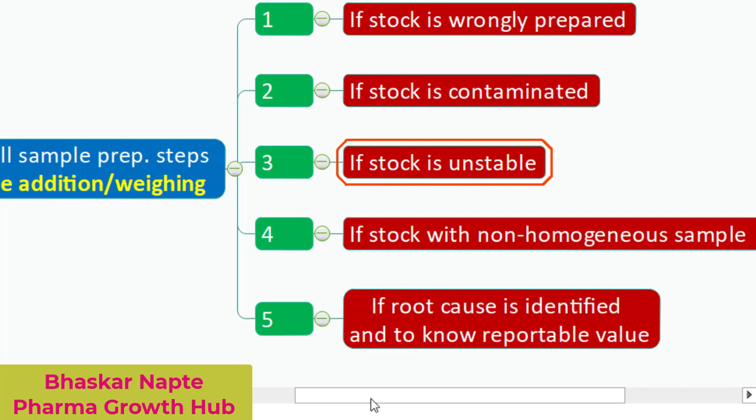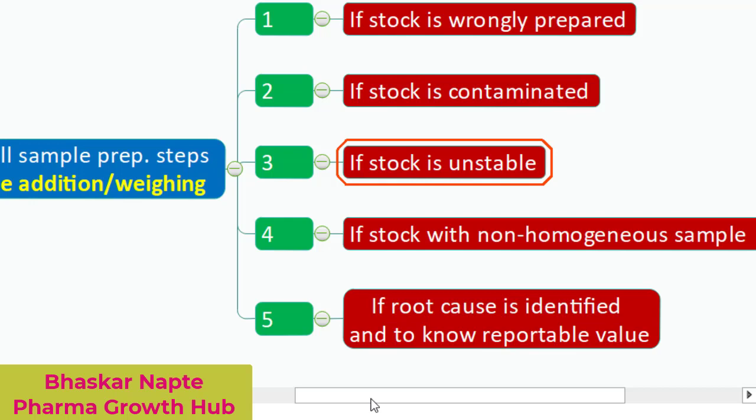Now this is done after concluding the root cause, after understanding where the analyst made the mistake, and after that you are going to take utmost precaution to make sure that the same error will never reoccur one more time. You already identified the root cause, but you also need to understand what is the reportable value for this particular batch.